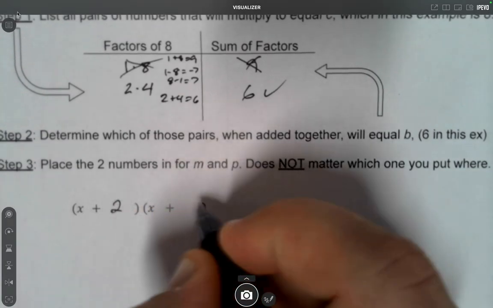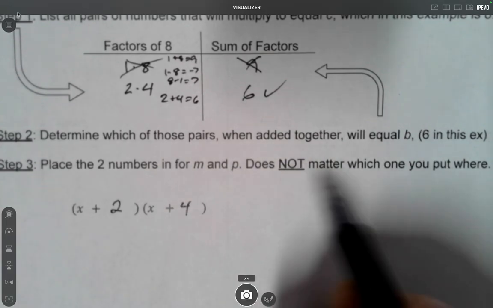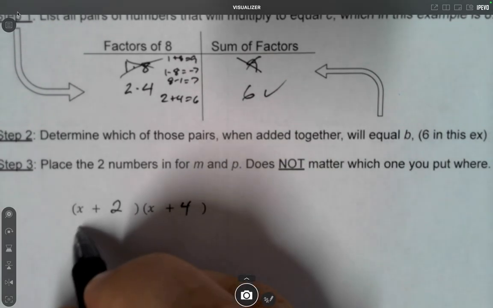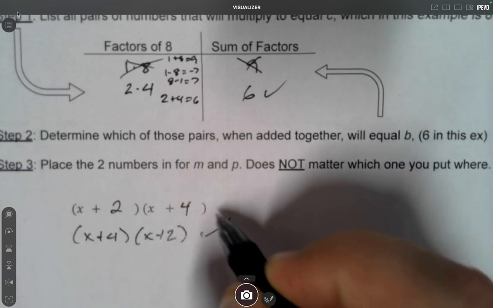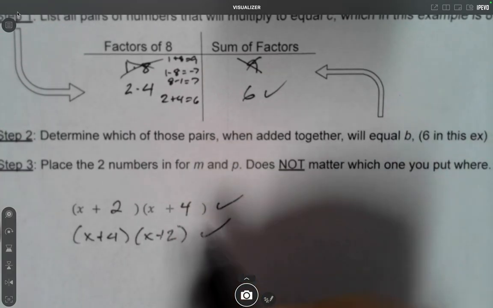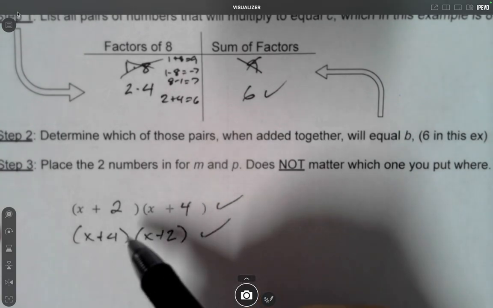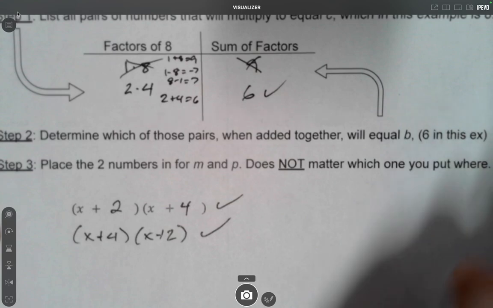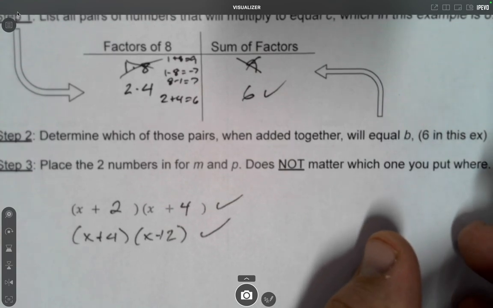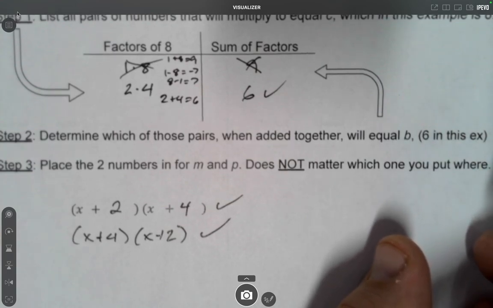So I plug 2 here and 4 here, but it does not matter which one you put where. If you said x plus 4 times x plus 2, that answer is just as correct as that one. There's no reason to worry about the order you put these two numbers in. It's just finding these two numbers that's very important. And the first one is done.